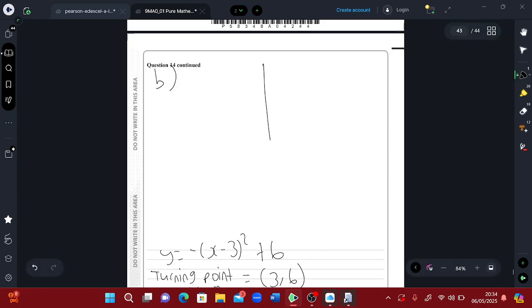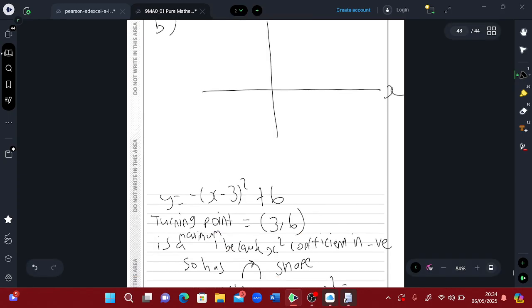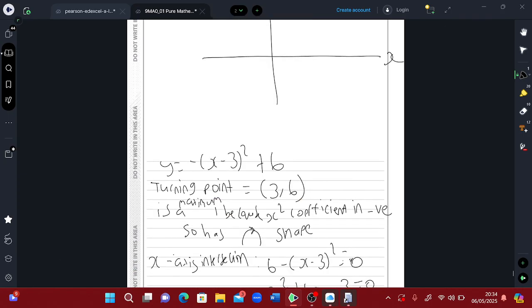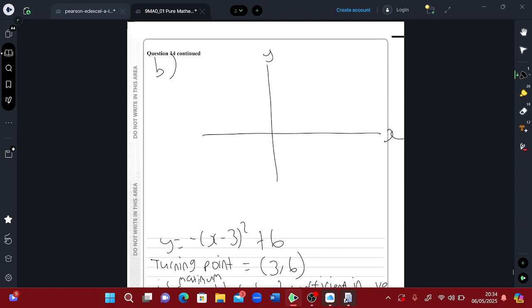So we've got a big space here to draw it. Hopefully, my graph sketch is all right with this pen. Let's do it then. So let's label axis y and x. So we need to bear in mind our roots, first of all, 0.55 and 5.4.